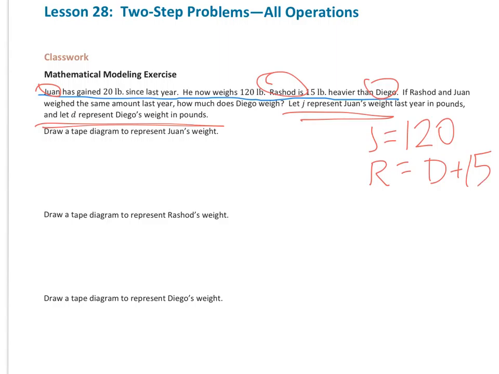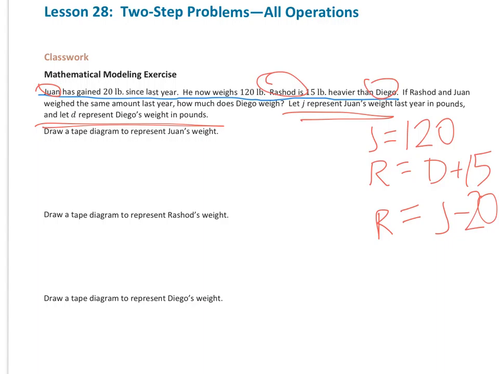If Rashad and Juan weighed the same amount last year, how much does Diego weigh? Okay. So Rashad and Juan weighed the same amount last year before Juan gained that weight. So R equals J minus 20.